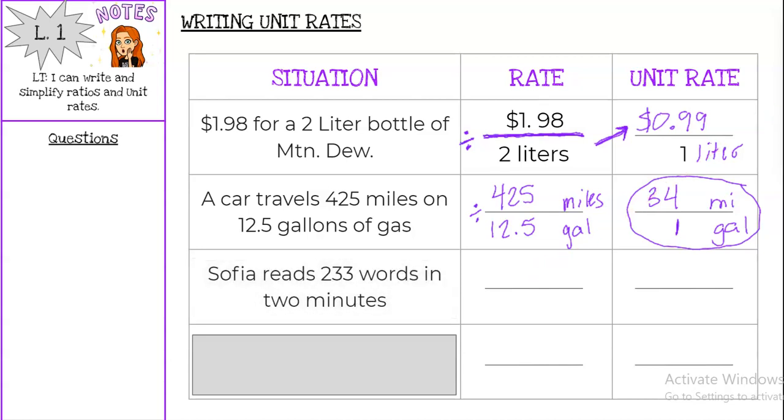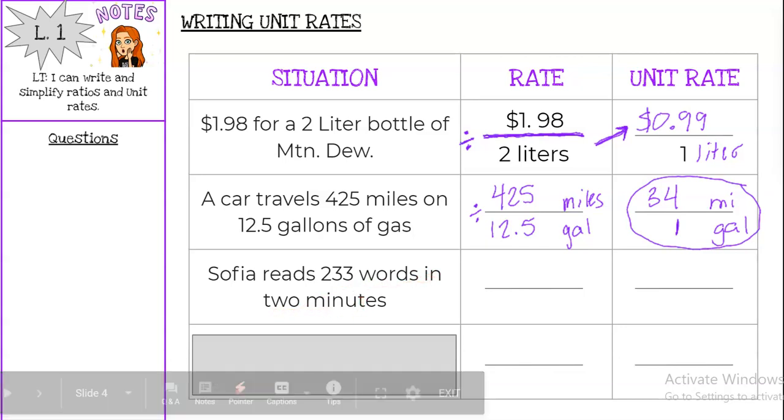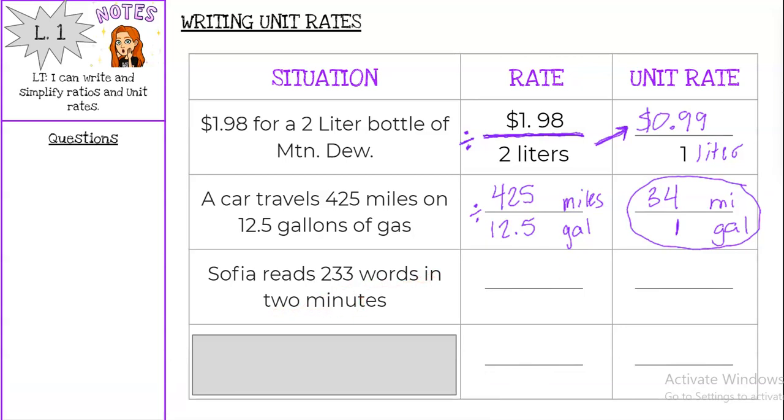Next example, we have Sophia reads 233 words in 2 minutes. So our rate would be words per minute. So 233 words in 2 minutes. So how many words can she read in just 1 minute?